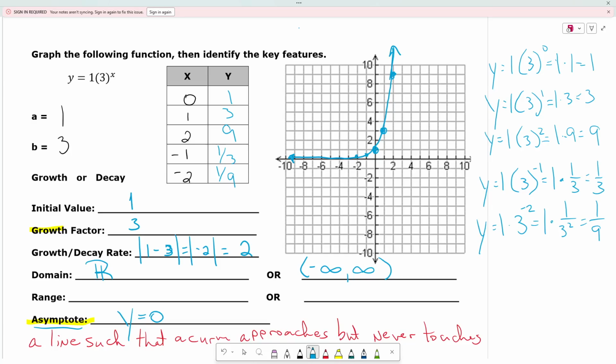It's going to approach the asymptote, and as it approaches the asymptote, it's going to look like this right here. So it would say from 0 to infinity. Or we could write it as y is greater than, not greater than or equal, just greater than 0. An example of exponential growth.